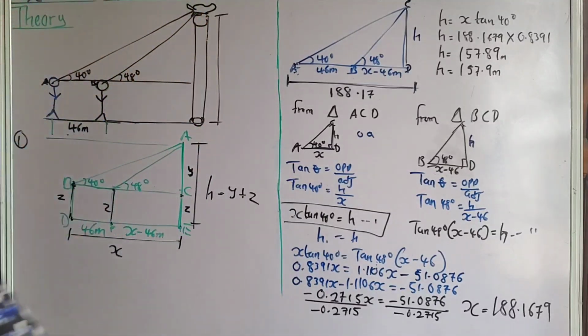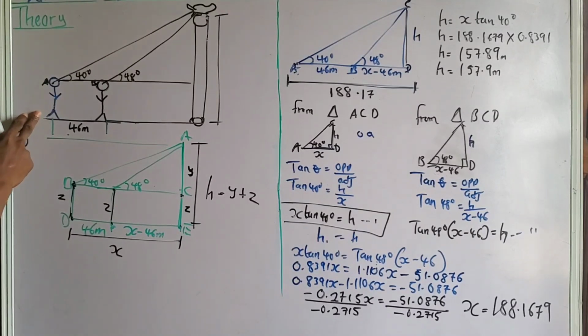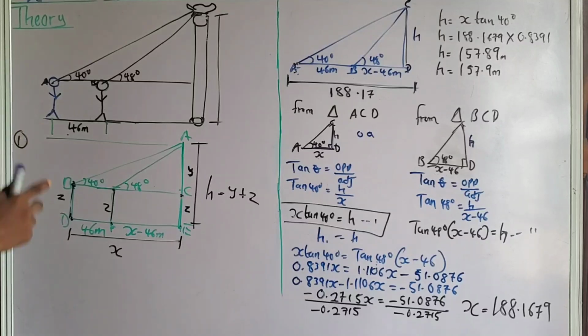Let's look at the next question. If you come across a question on angle of elevation and depression in exam, it is very important that you know how to interpret first, and having done the interpretation, make sure you pay attention to the details of the question. This is the first structure that I got, but I discovered that with respect to this, we cannot find the height.